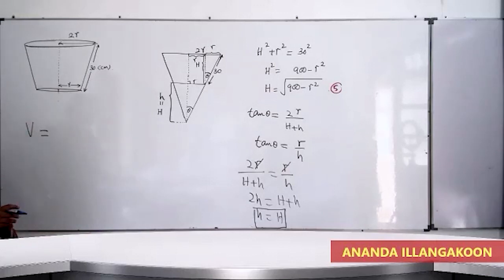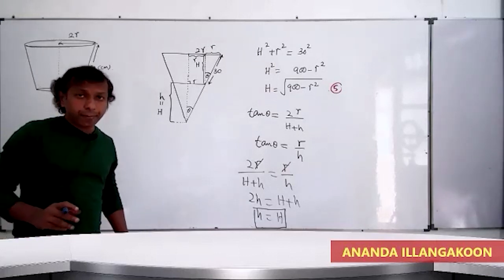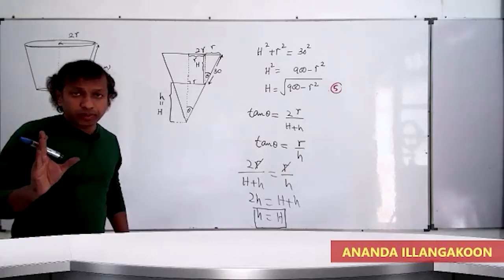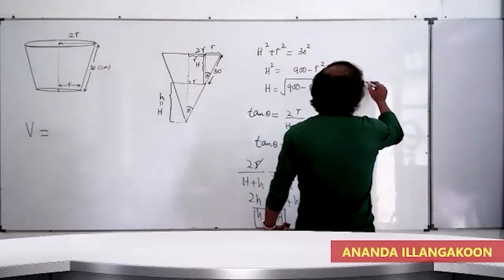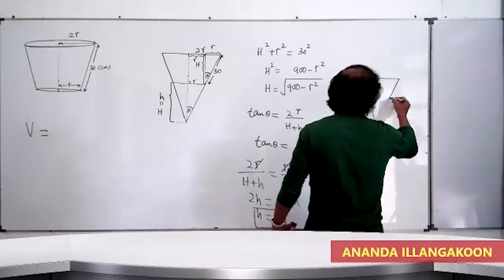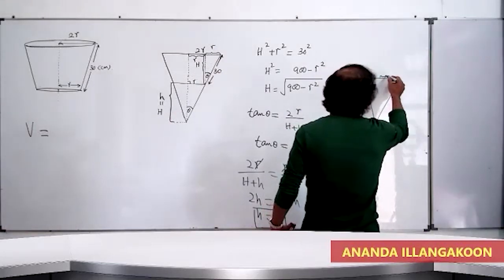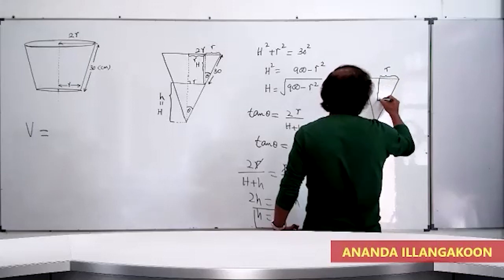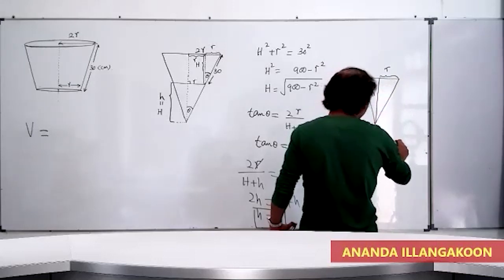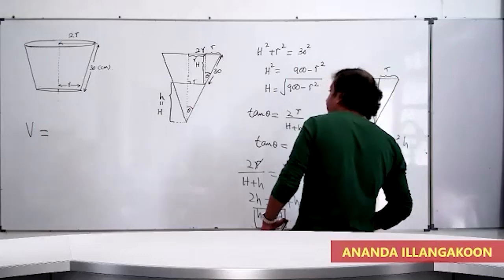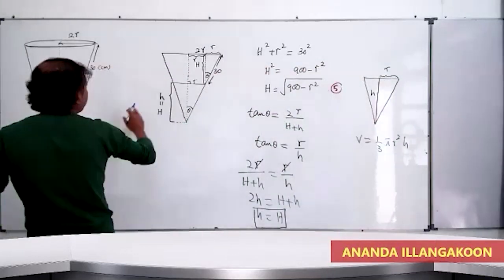What is the volume of a cone? 1/3 pi r squared h, no? This is the base radius, say r. This is the height h. And volume is 1/3 pi r squared h. Right.